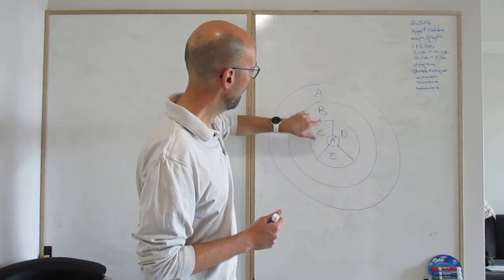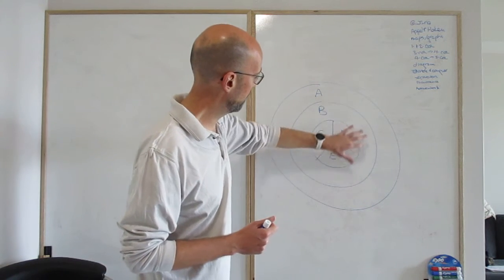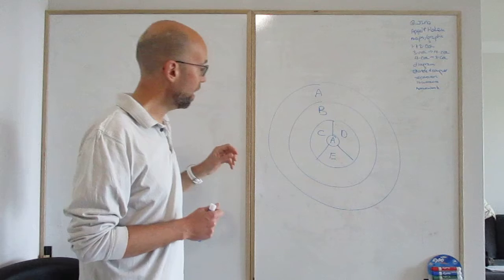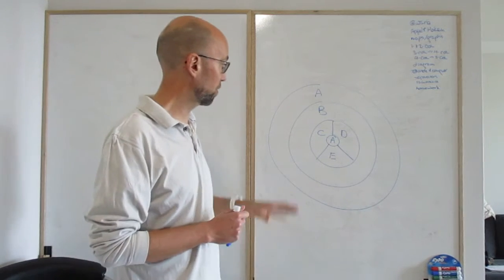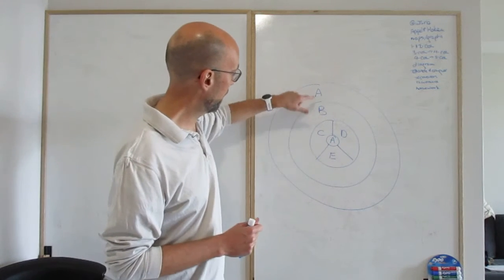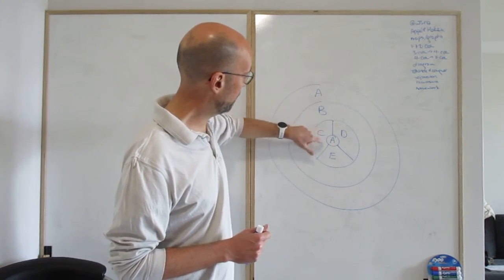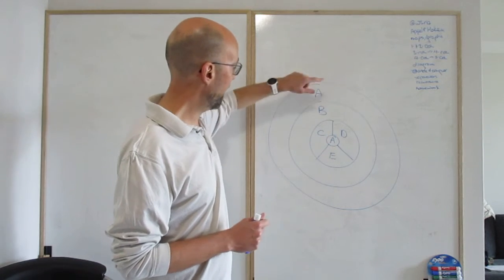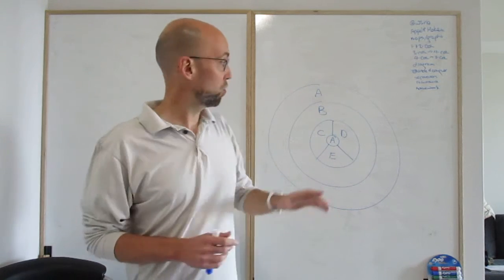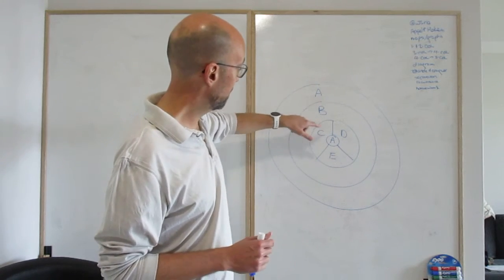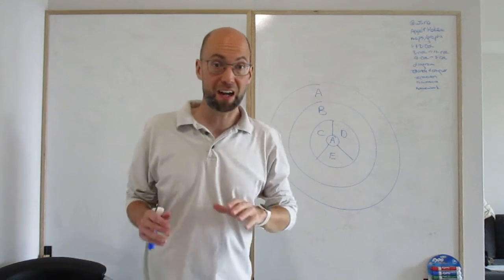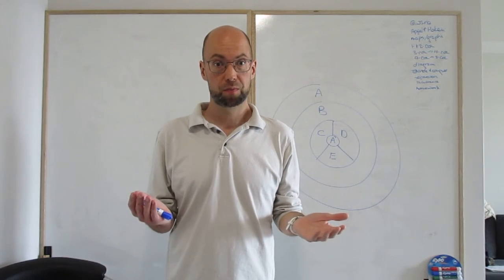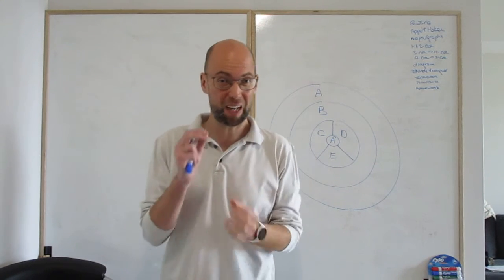B is adjacent to all of these, and so it has to be a different color. So you need 4 colors for B, C, D, E, but then A is adjacent to B and C, D, E, right? So now you need 5 colors. Okay. So if you're allowed to have exclaves, then things get complicated.